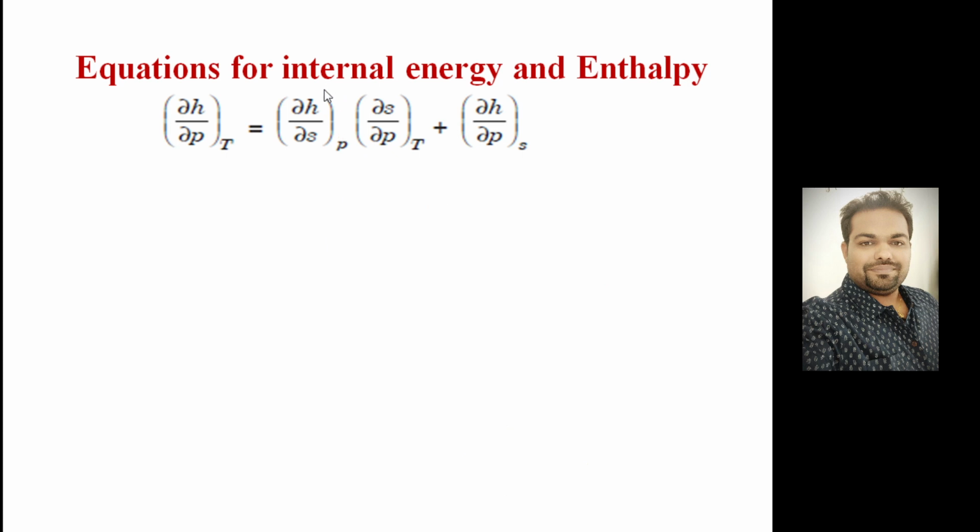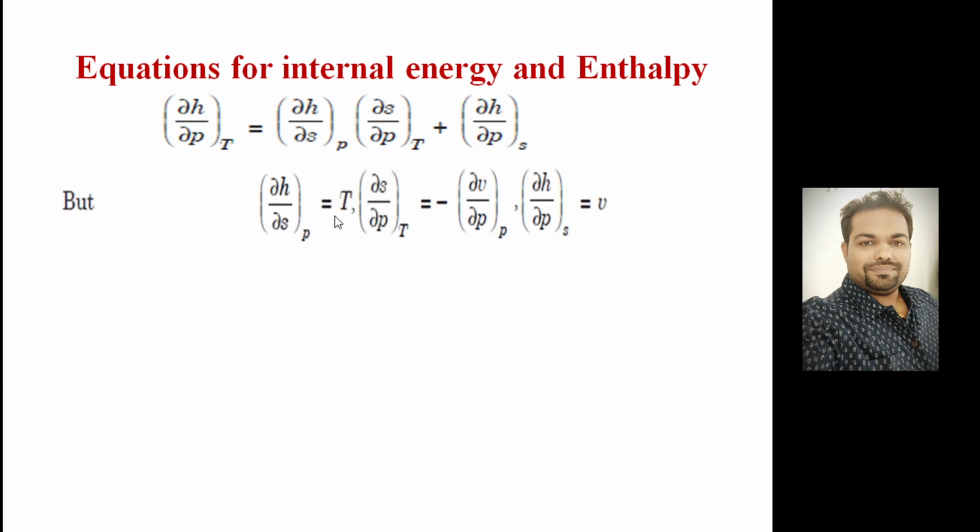Now the first term I already said is the temperature, and using the Maxwell relationship I can relate this also in terms of common properties, and for this term, h is equal to u plus PV. If you differentiate that equation with respect to pressure, you can write ∂h/∂P is equal to just volume. So these all terms you can get. This is the Maxwell relation, right?